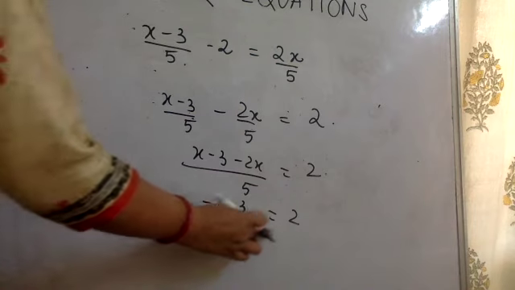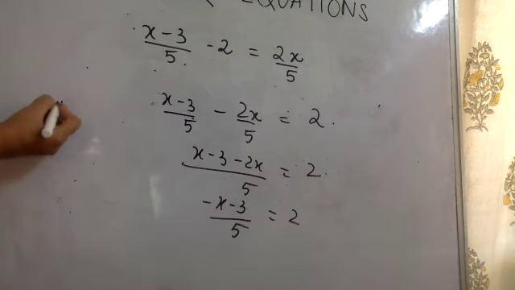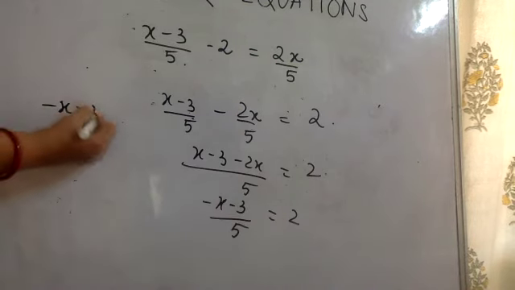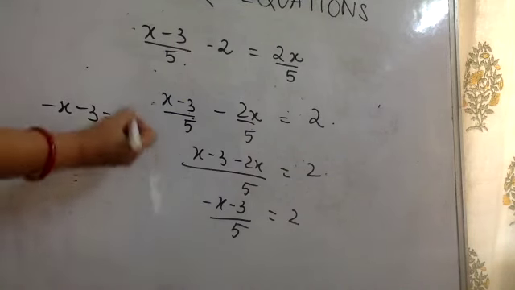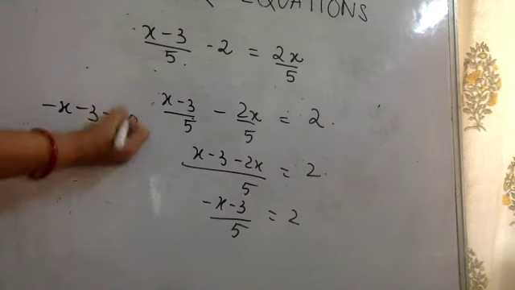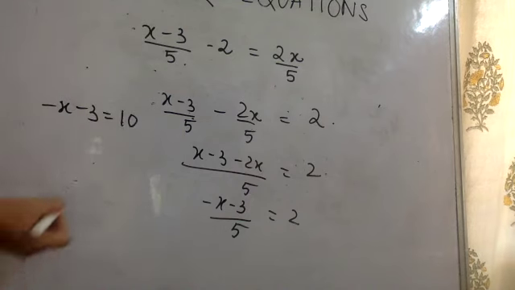Now I am going to multiply this with this. So minus x minus 3 is equal to, because this is cross multiplication that I am doing, 10.